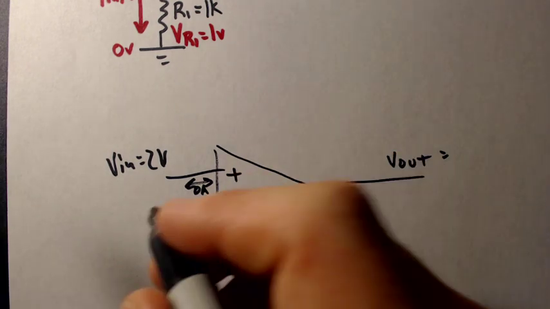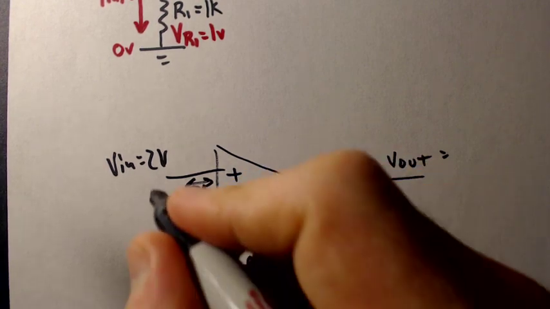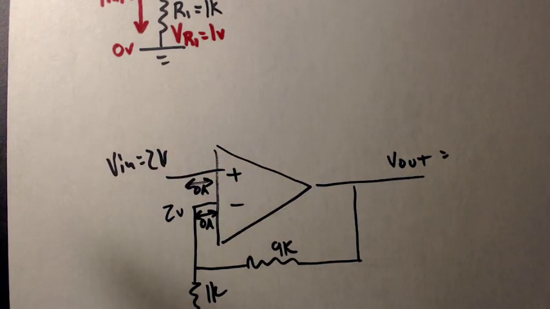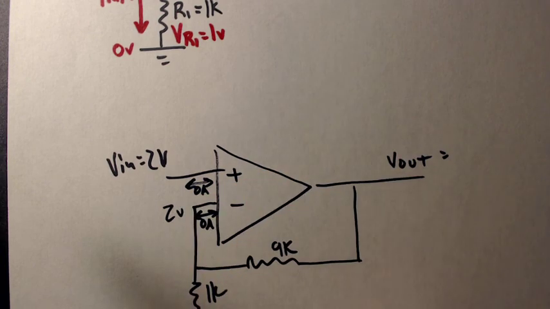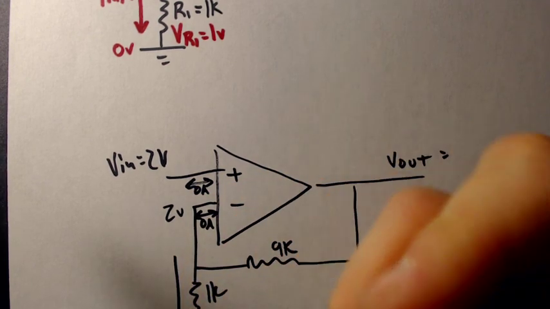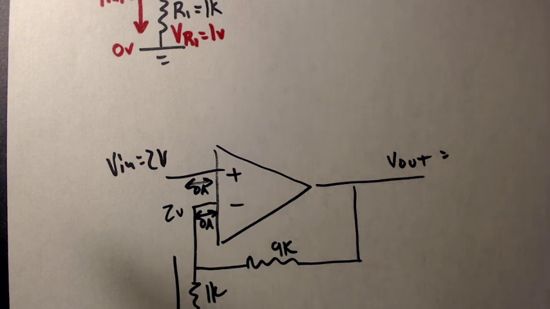Absolutely. So both of these should have the same value. If this is 2 volts, this must be 2 volts. We have ground over here. Current's flowing from higher to lower. So now if we want to know the current, it's going to be 2 volts divided by 1,000. 2 milliamps.